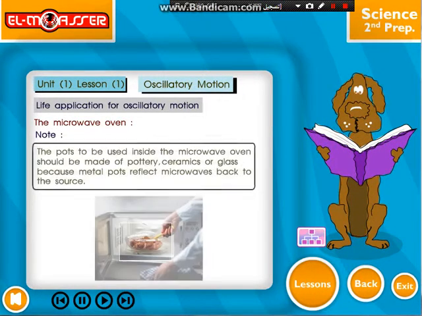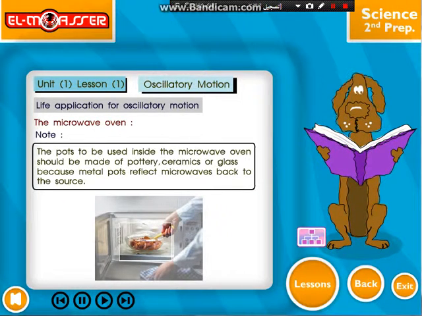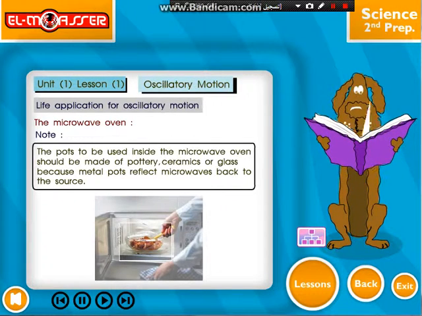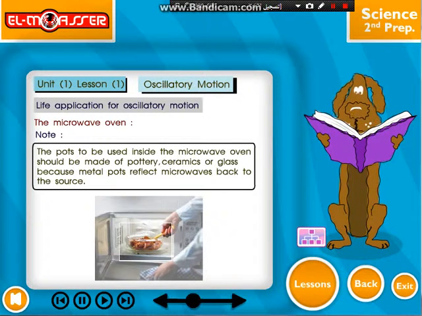Note: the pots to be used inside the microwave oven should be made of pottery, ceramics, or glass, because metal pots reflect microwaves back to the source.